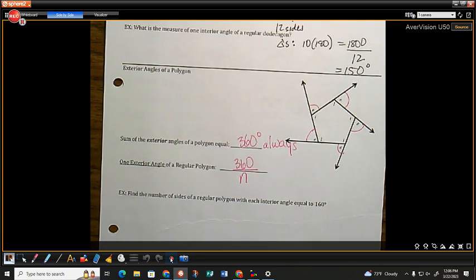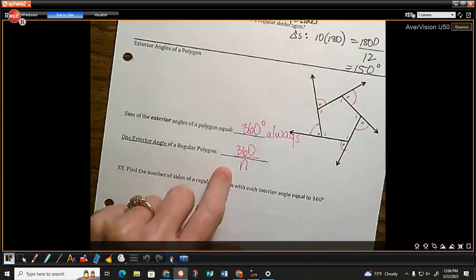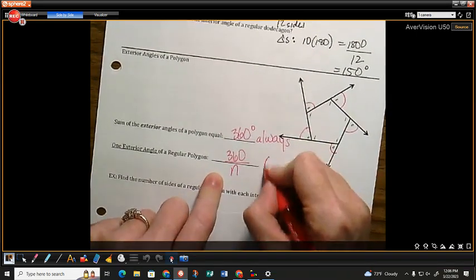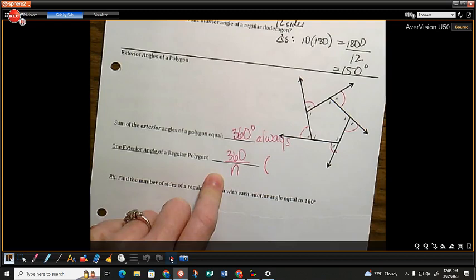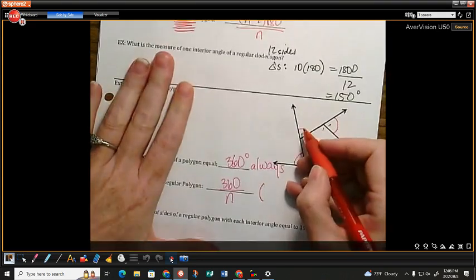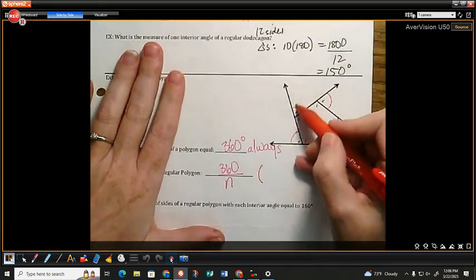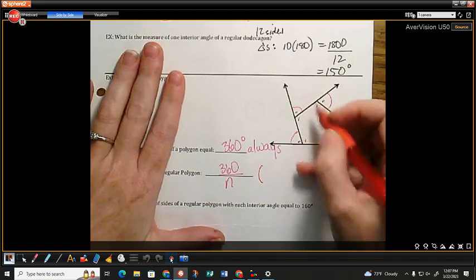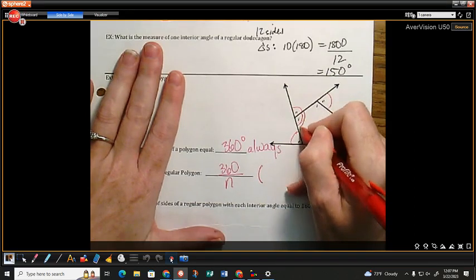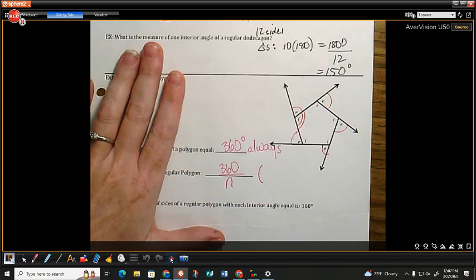Now, hold on. What's another way to find your exterior angles? Remember, exterior angles make a linear pair with your interior angles.